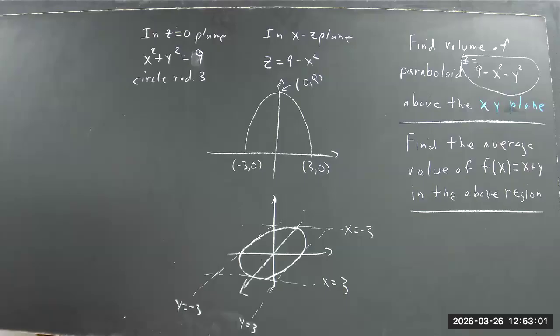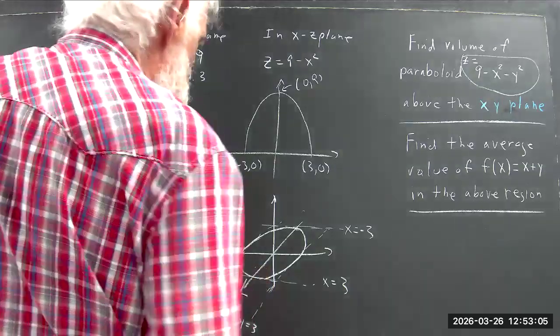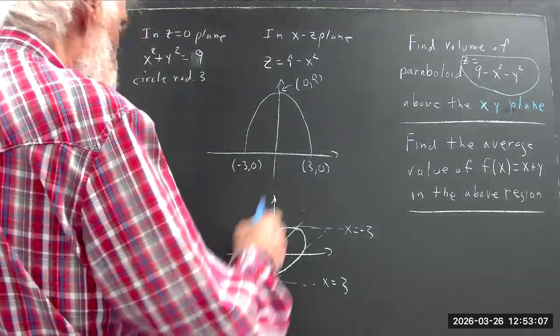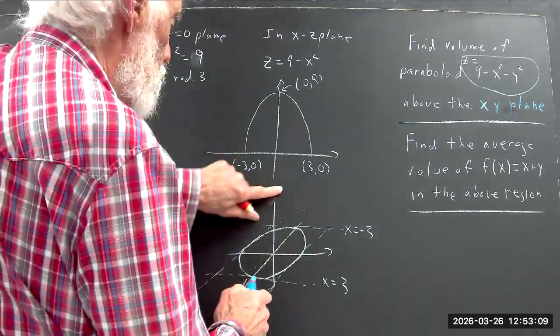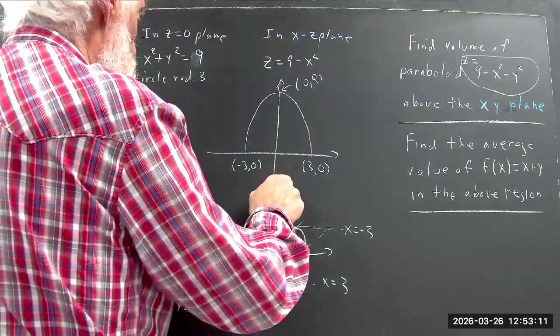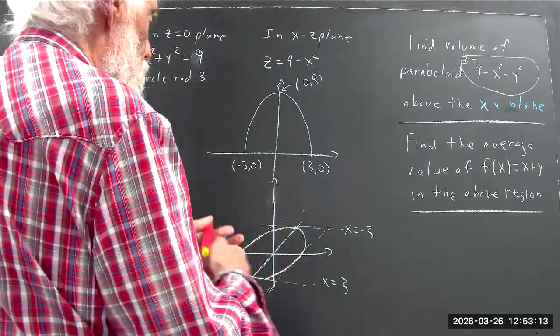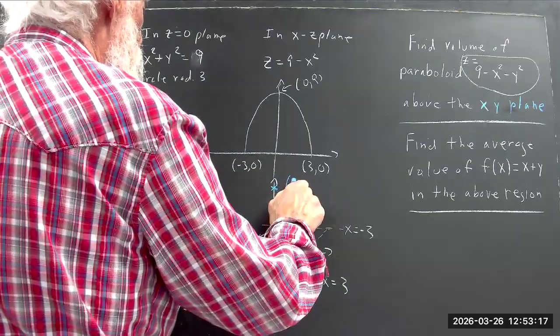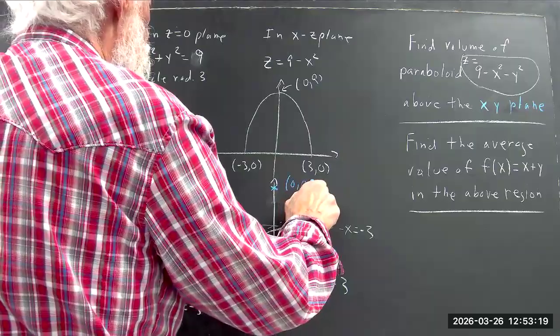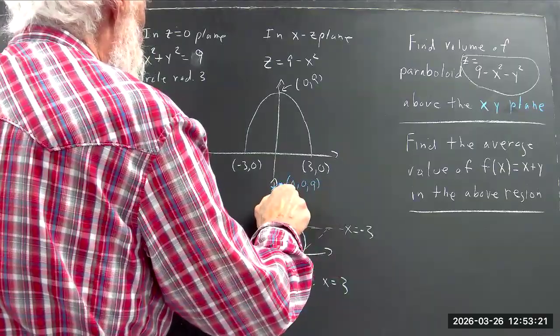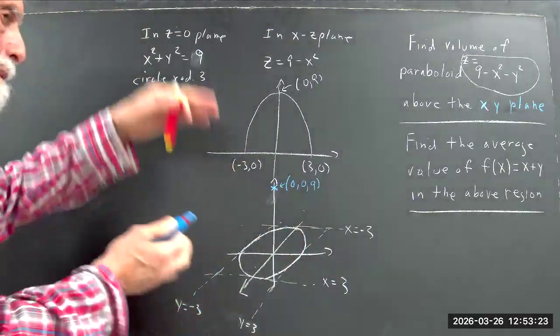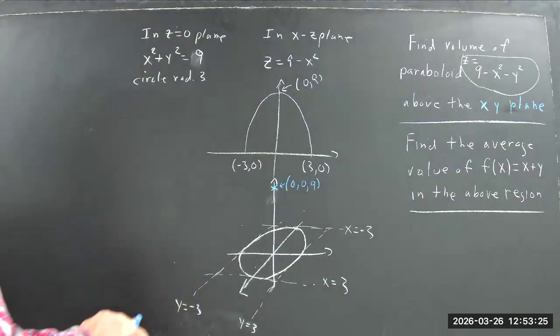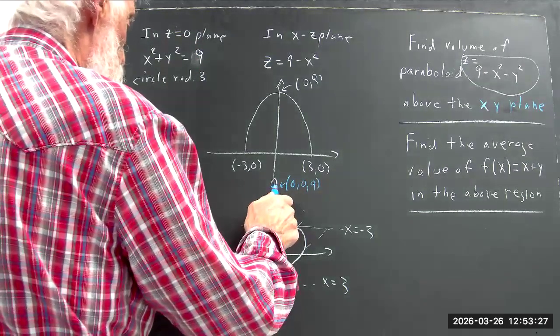Okay? There it is. Now, above it, make z equals 9 a little higher. Okay, let's say that z equals 9 here. So this is the point 0, 0, 9. Our z-scale's a little squashed from our x and y scales, but we can deal with that.